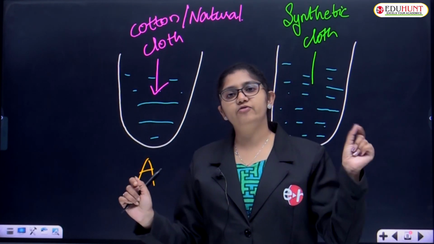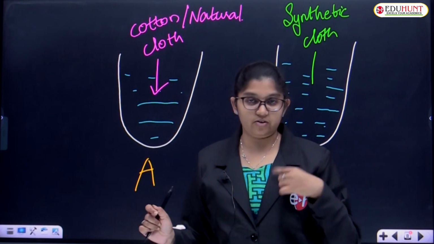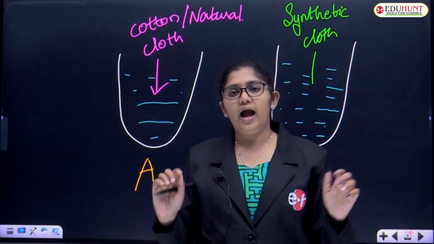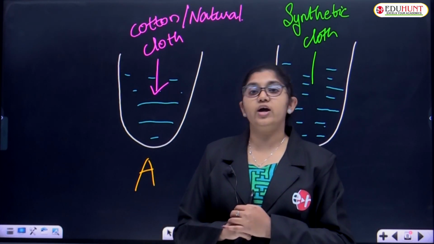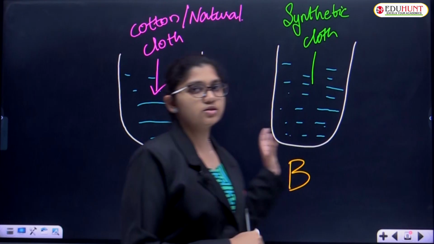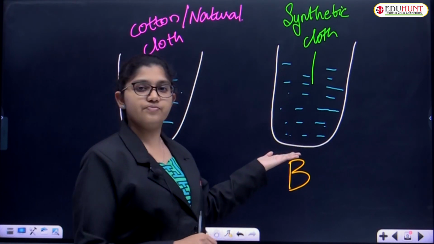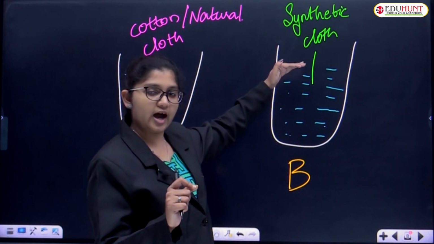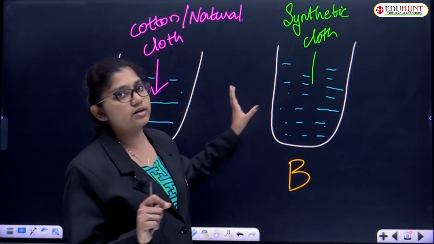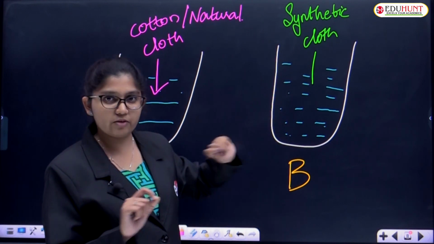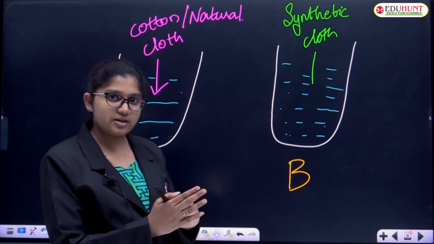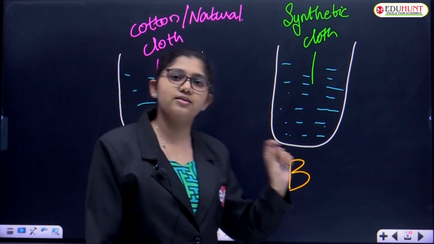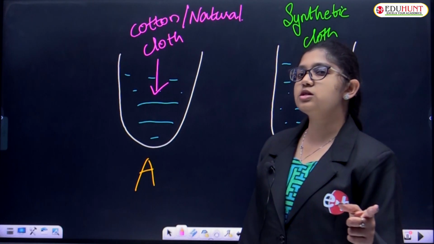After 5 minutes, you observe the result for my first question. Take the cloths out of the mugs and observe the level of water. Mark the water level before you soak the cloths, and after soaking the natural cloth and synthetic cloth for 5 minutes, remove them and mark the level of the water again.